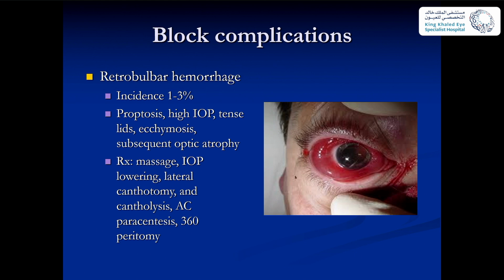Lateral canthotomy alone is usually not enough. You have to find the inferior lateral ligament to sever, and this is called cantholysis. And also you can do an AC paracentesis, trying to lower the pressure, or a 360 conjunctival peritomy.